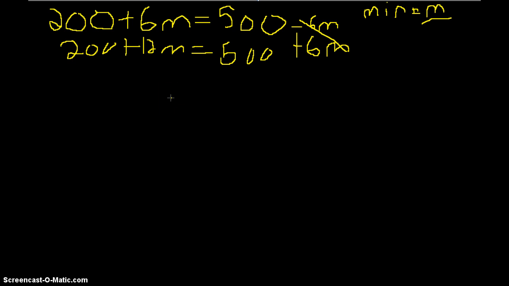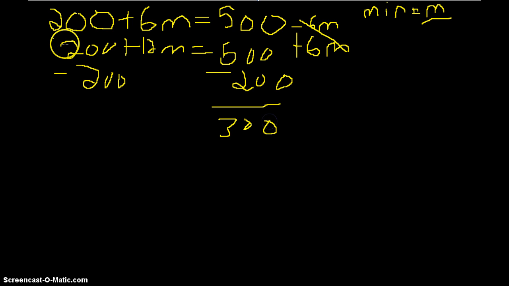So now all we have is a two-step equation. So we gotta subtract 200 from each side, 300, and then we gotta divide by 12. And at this part, we're trying to get rid of the variable. We're trying to get m by itself.